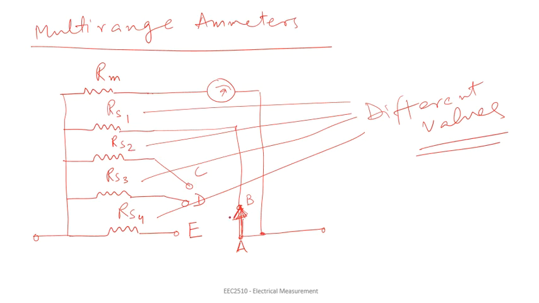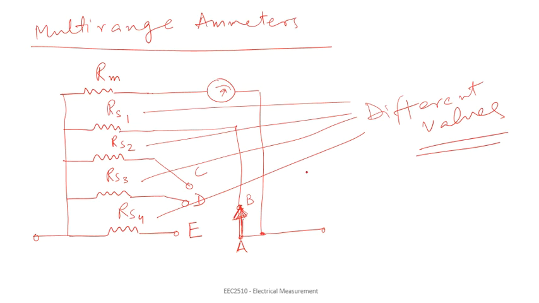By connecting the switch at point D and at point E, Rs3 and Rs4 come into the circuit respectively. Since these shunt resistances have different values, for each shunt resistance present in the circuit this instrument will have a different range of current which it can measure. So this is the concept of the multi-range ammeter.